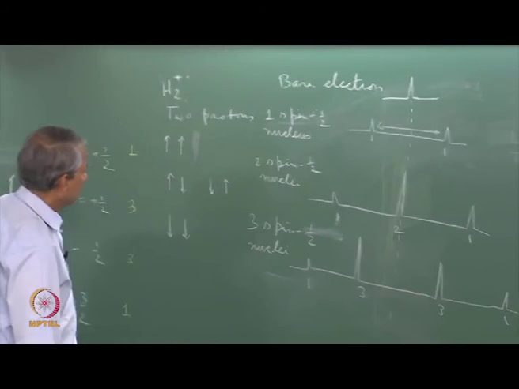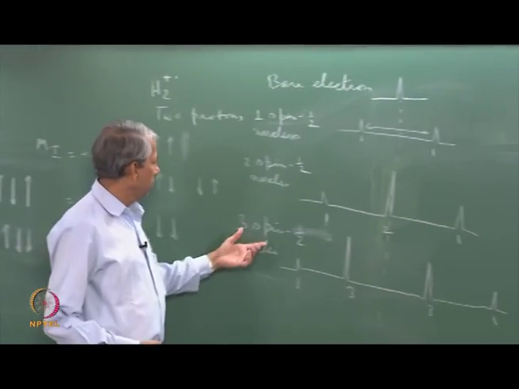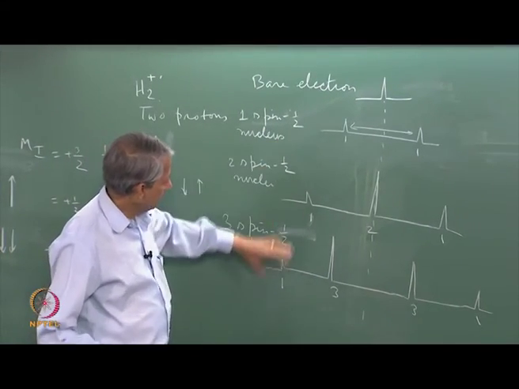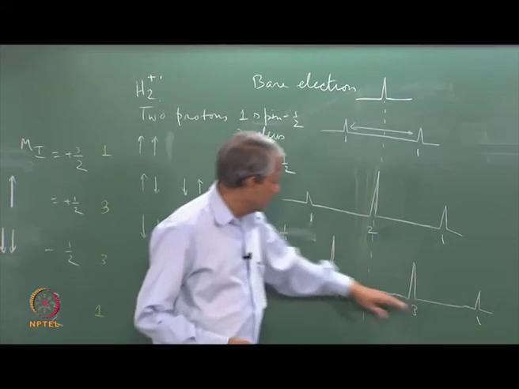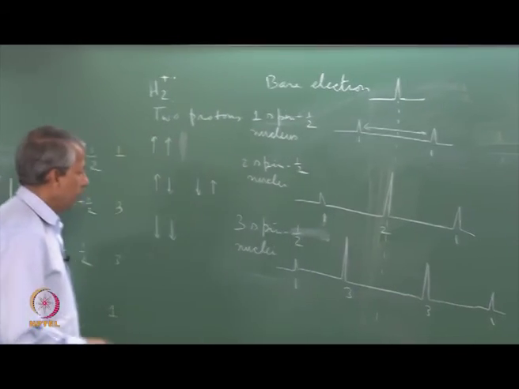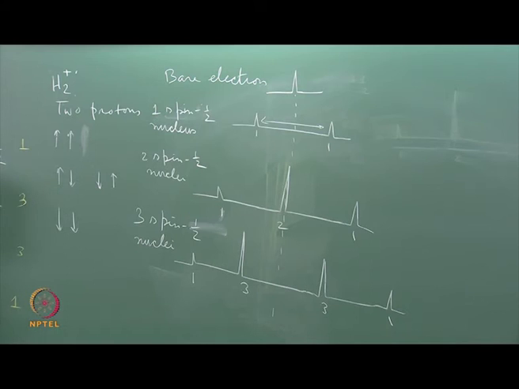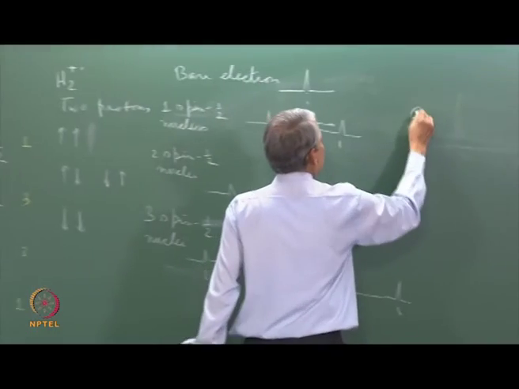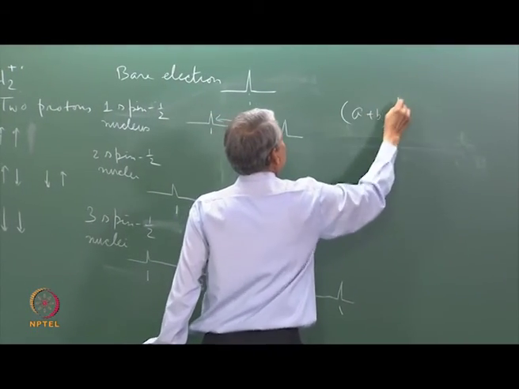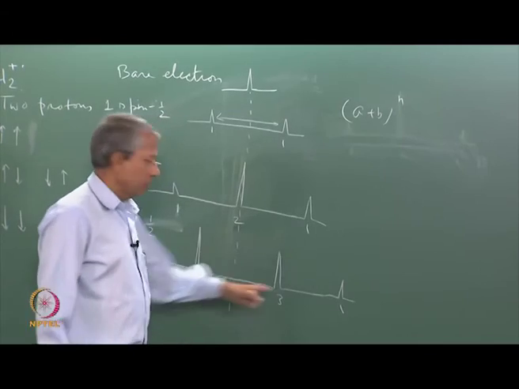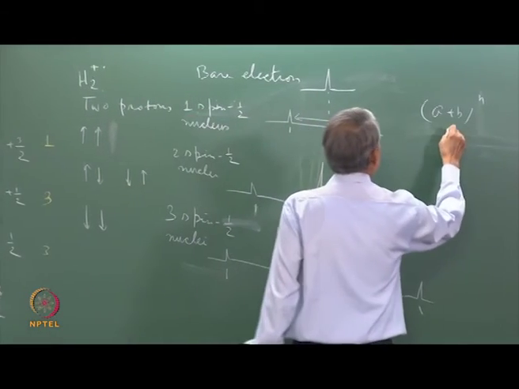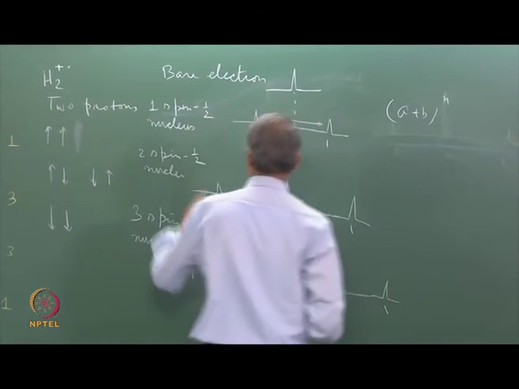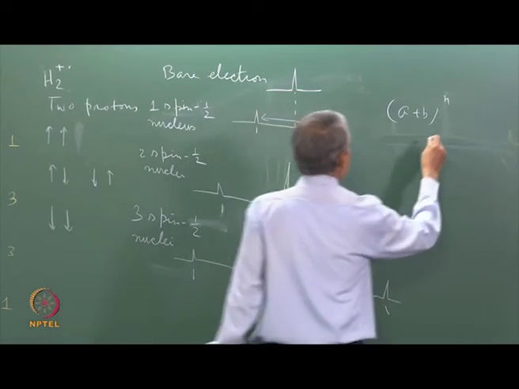So this sort of splitting that comes from the equivalent nuclei of spin half has a certain pattern. These numbers are supposed to be familiar to some of you, in that they come from the binomial expansion of a plus b to the power n. If you do it, the binomial coefficients have exactly the same numbers. So these numbers can be generated in the form of a triangle, which we call the Pascal triangle.